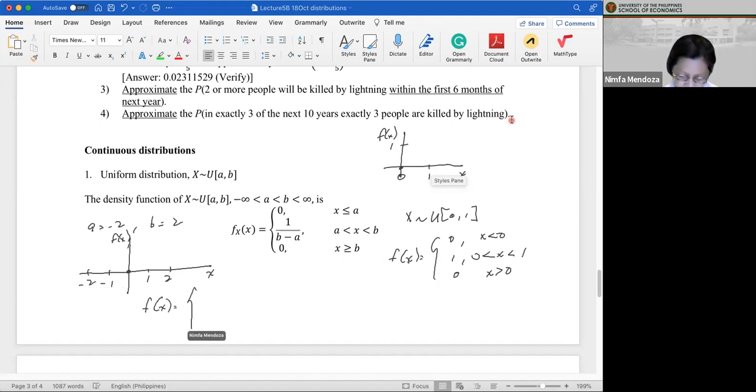This would be 0 if x is less than minus 2, 0 if x is greater than 2, and you would have 1 over b minus a, which is 1/4, if x is between minus 2 and 2.